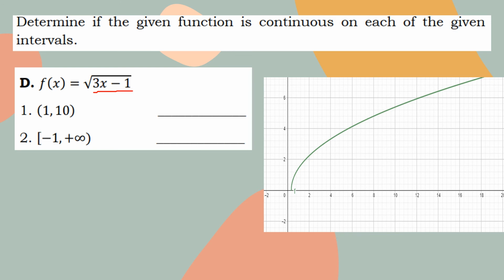From 1 to 10, you can clearly see the graph. Obviously, if I trace it, it is a smooth curve without breaks, without holes, without interruption. So this is continuous.